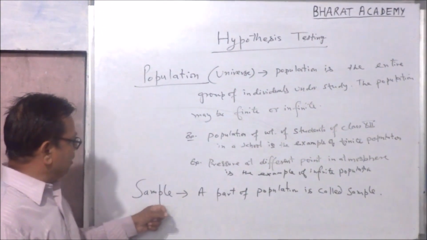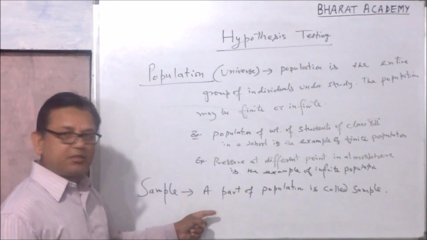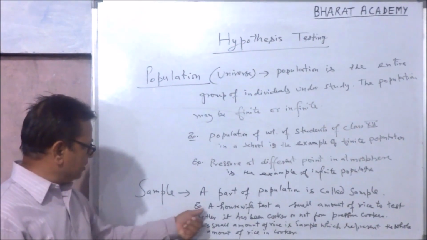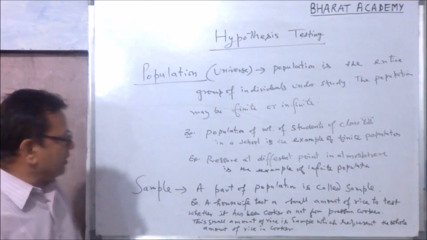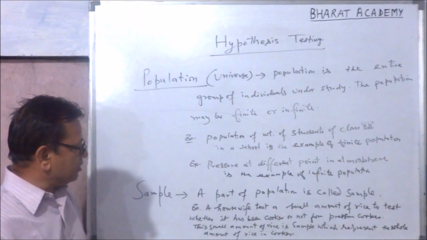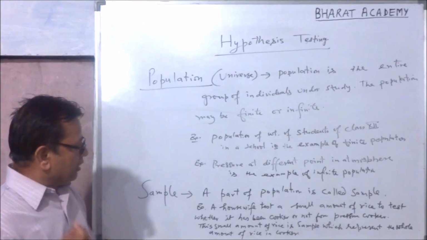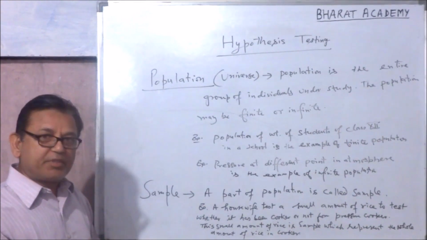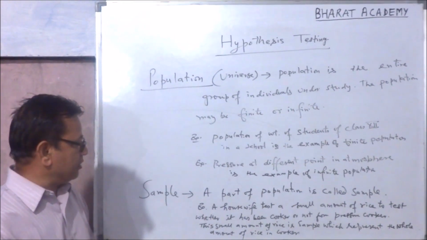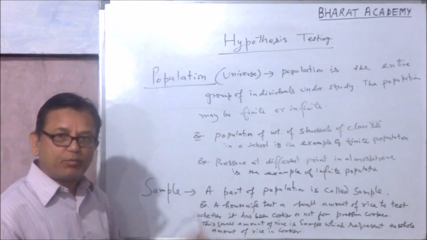Now we take sample. A part of population is called sample. Now I explain this by this example. A housewife tests a small amount of rice to test whether it has been cooked or not from the cooker. This small amount of rice is your sample, which represents the whole amount of rice. The whole amount of rice will be population.